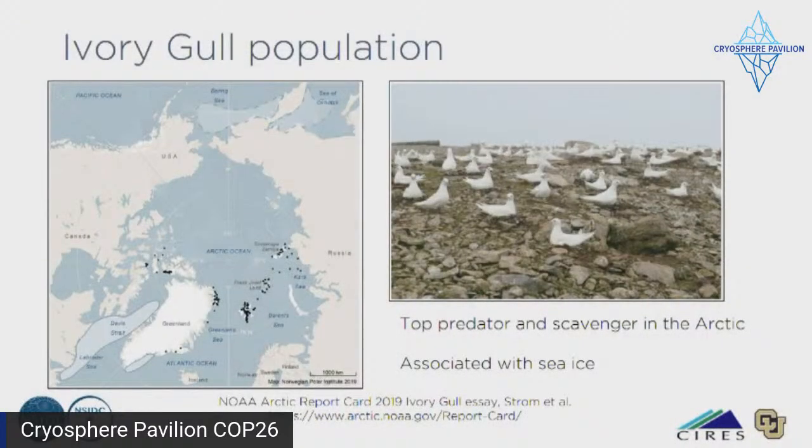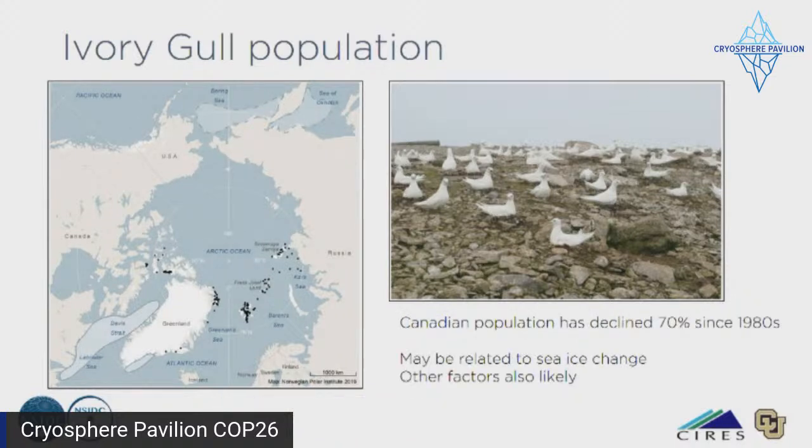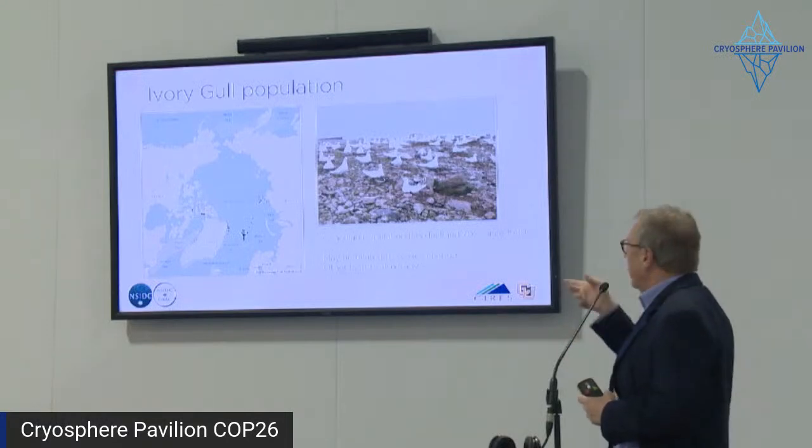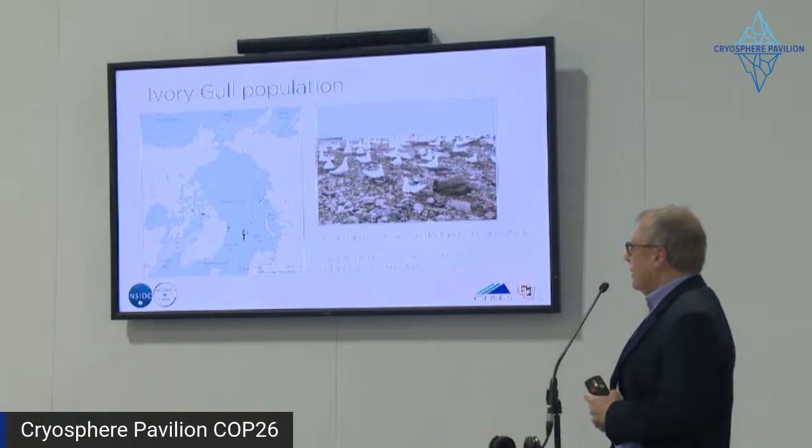They're a top predator and scavenger associated with sea ice. And not all the populations have declined, but certain populations, like the Canadian population in the Canadian archipelago, the high Canadian Arctic, have seen significant reductions. That's about 70% since the 1980s, they found. And that may be related to sea ice change.